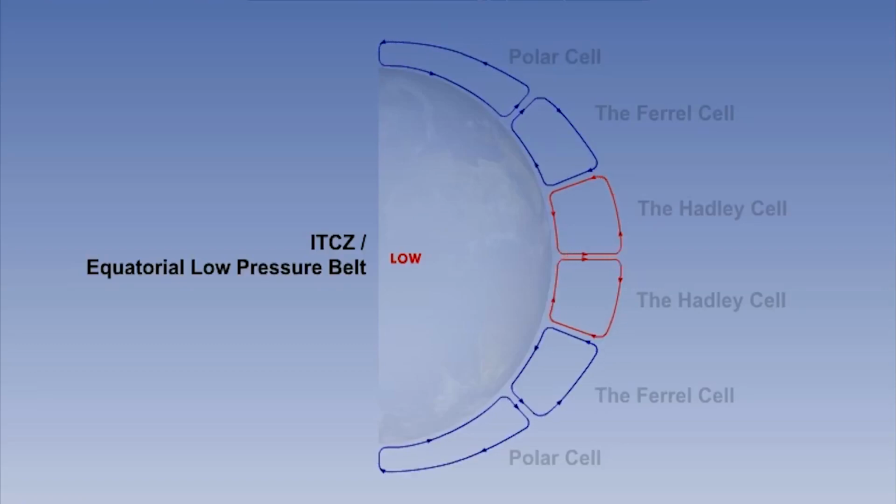As we have already mentioned, this zone will move north and south as the point of maximum heating changes from season to season. But for now, let us assume it is stationary near the geographic equator.